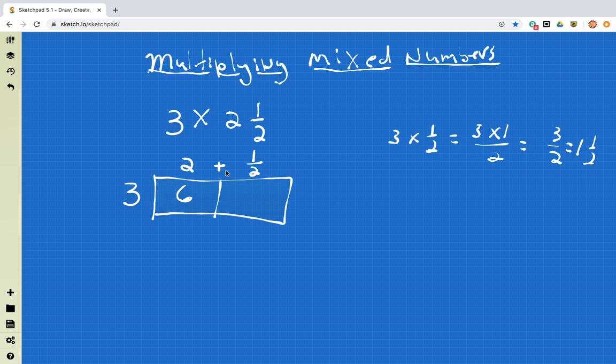So 3 times 1/2 is 1 1/2. Now I've got my partial products and I have to add them up. 6 plus 1 1/2, that's 7 1/2, right? Easy peasy, it's not hard. You just have to know to use this area model. Once you do that, it's all stuff you already know how to do.